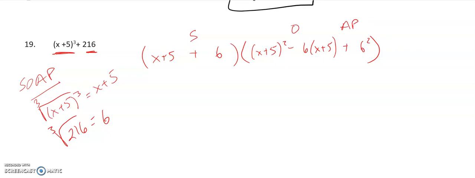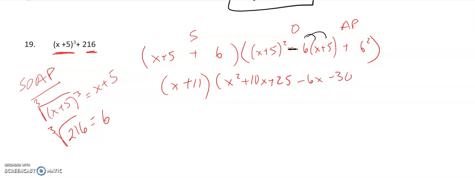And now we just need to clean this up just a little bit. I'm going to multiply that out, so that would be x squared plus 10x plus 25. And now I'm going to distribute through here, but I need to make sure that I distribute through that -6. So it's going to be -6x minus 30, and then plus 36. And a little bit more cleaning up here.